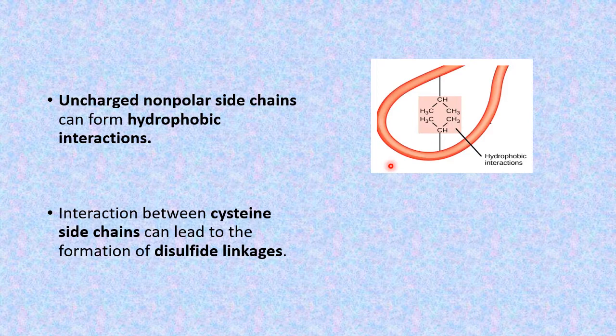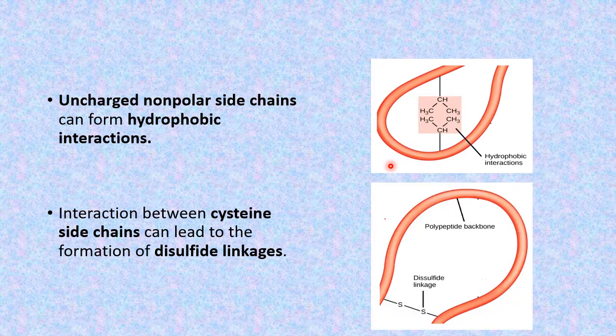While the special groups like cysteine, which has the sulfur element, because of the presence of sulfur, these cysteine amino acids form disulfide linkages, and this is a very common occurrence in these folded tertiary structures. So this polypeptide backbone, because of these various interactions, comes close to each other.